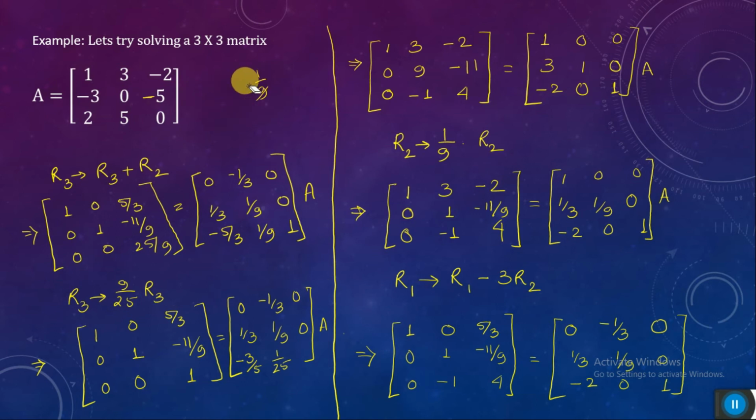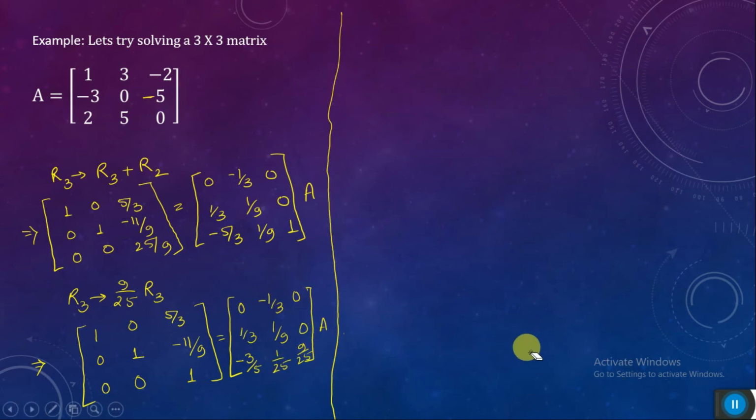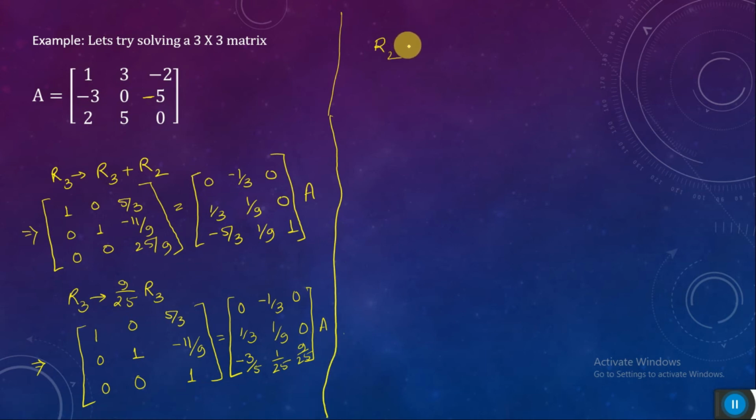The last one is 1, so you can directly write 9 by 25 here. Okay, 9 by 25. So this is what you are getting. Now let's see. We need to make this part 0 and this one 0. So row 2 I will put under operation.